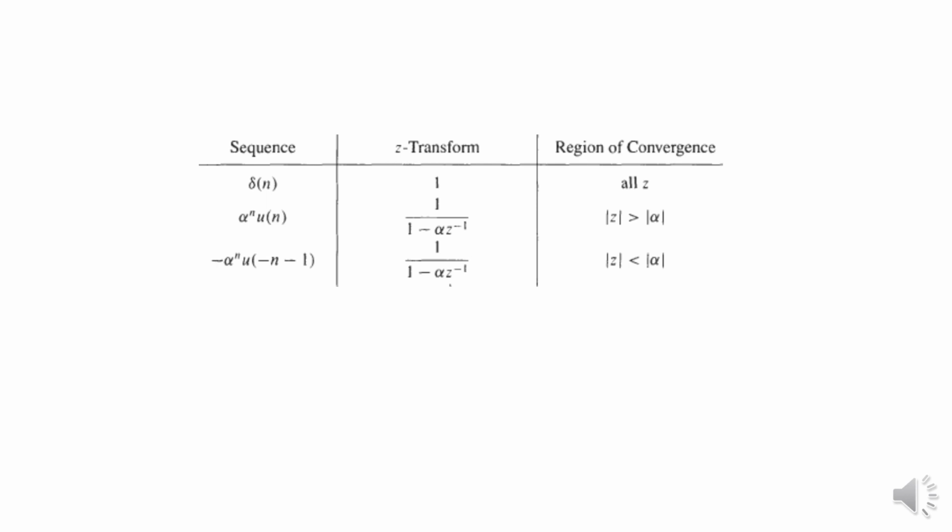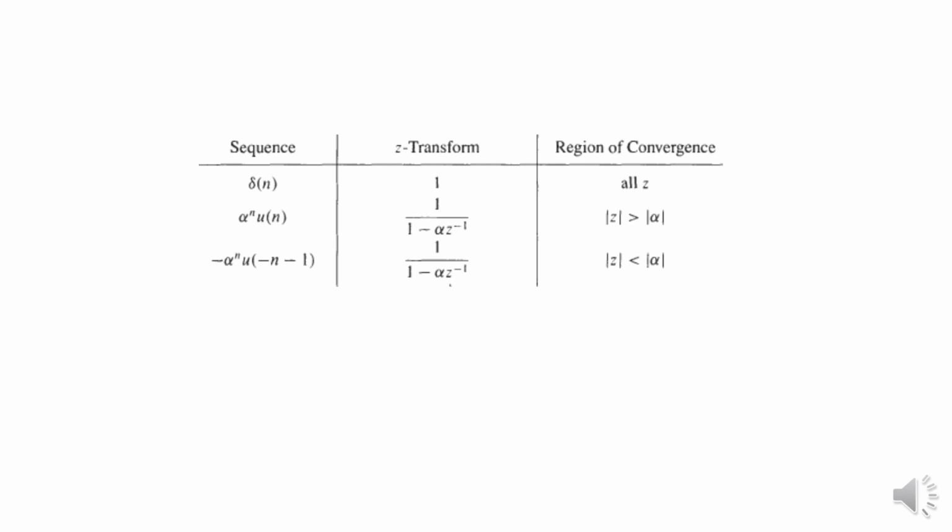So let's take term 2. What is the inverse of 2? The inverse of 1 is delta n, therefore the inverse of 2 is 2 delta n. And the region of convergence is all z, therefore not to worry, right? Then the next part, minus 9 over 1 minus 1 over 2 z to the power minus 1.